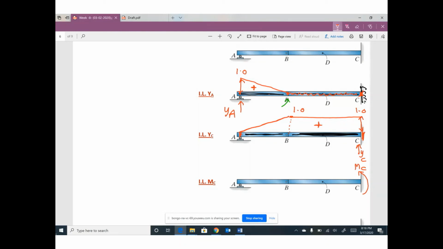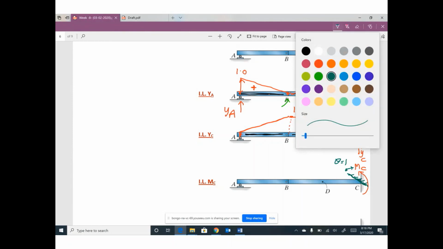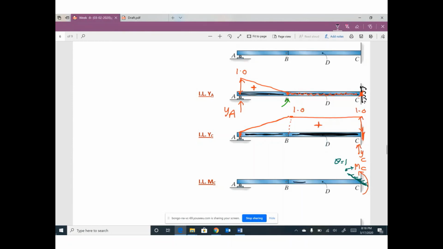Confluence line for moment at C, rotate this fixed in the same direction like this moment by angle theta equal 1. And keep in your mind that this part, which is supported by fixed, will be like this.